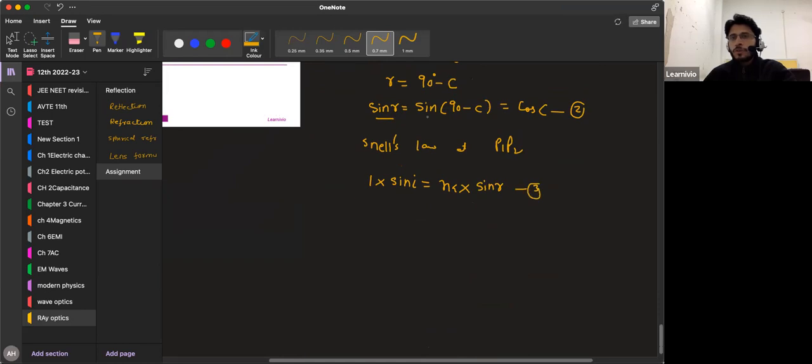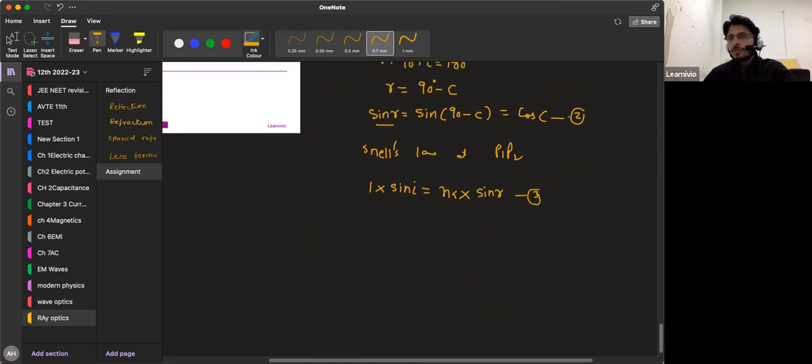Next, what I can do is substitute sine R from 2 into 3. So when I substitute 2 in 3, I get sine I is equal to refractive index of glass multiplied by cos C. Let's call this equation number 4.